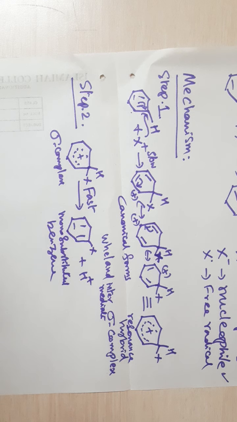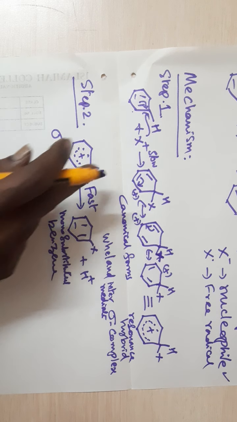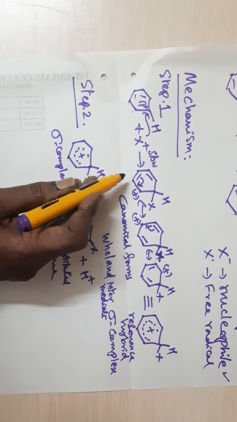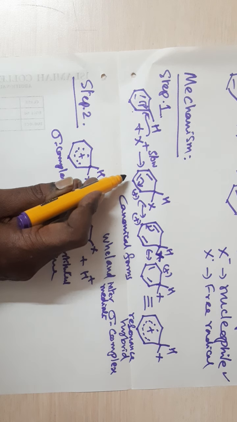In step 1, X plus attacks the carbon of the aromatic ring. So there is a sigma bond formation between the carbon of the aromatic ring and the X plus electrophile. I have explained the mechanism, the way by which the sigma bond is formed. See, this is the intermediate that is obtained.